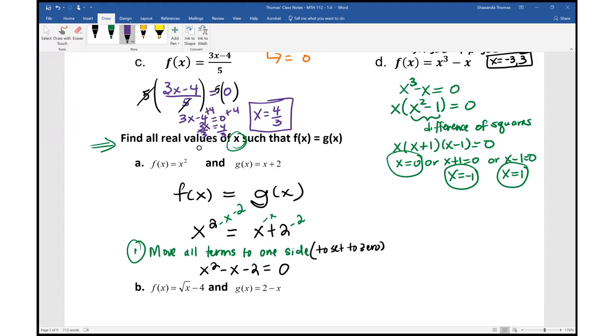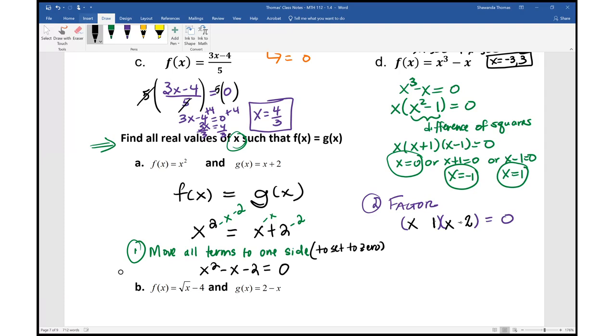All right, the next step would be to factor. So we need factors of negative 2 that add up to negative 1. So what are the factors of negative 2 that add up to negative 1? We definitely have x times x, which gives us that x squared. We know the factors of positive 2 are 2 and 1, but we have to figure out what would make it work so that we end up with a negative x minus 2 right here.